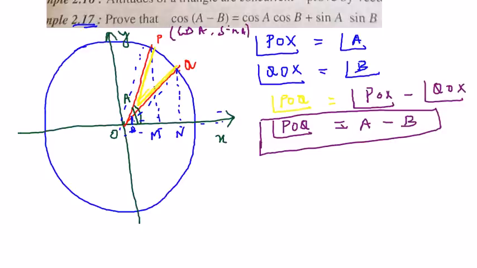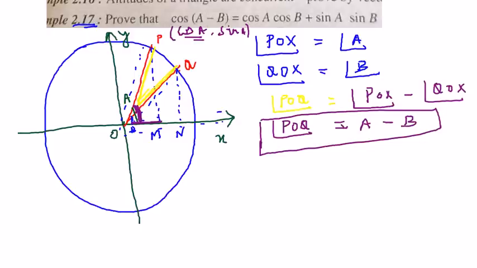If you take the big angle A and treat it as a right angle triangle, then for angle A, OM becomes the adjacent side. OM is along the x-axis. That's why cos A is adjacent by hypotenuse. This is one crude way of remembering it: cos A is the adjacent side.